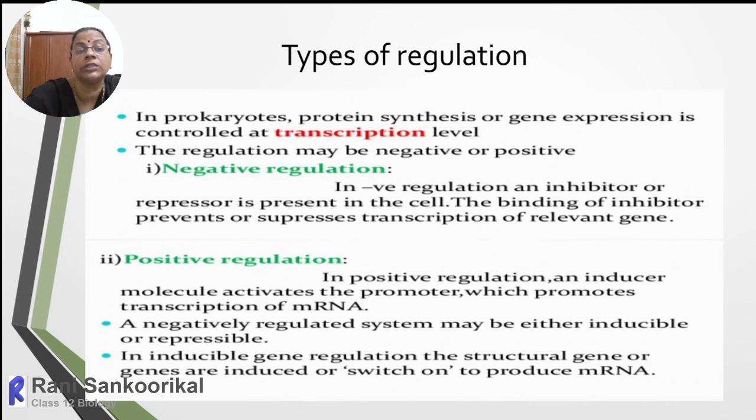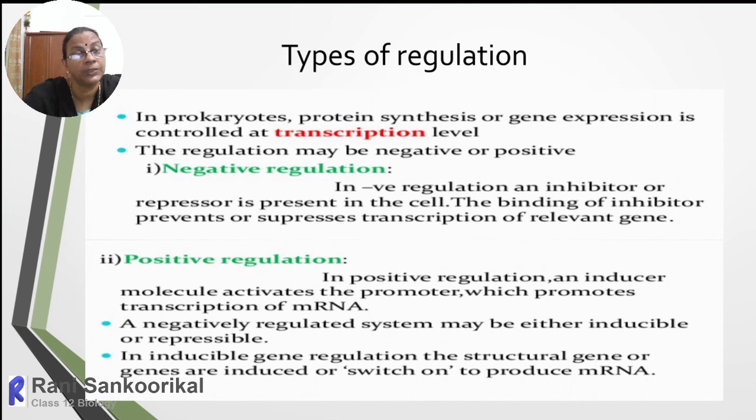Okay, when glucose binds, or if more glucose is present, that will activate a certain, it is not given in your textbook, because in the deficiency of cyclic AMP, in the presence of glucose, there will be a deficiency of cyclic AMP, and that will stop the transcription of lactose utilization.